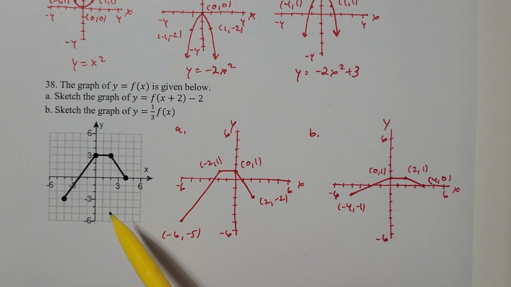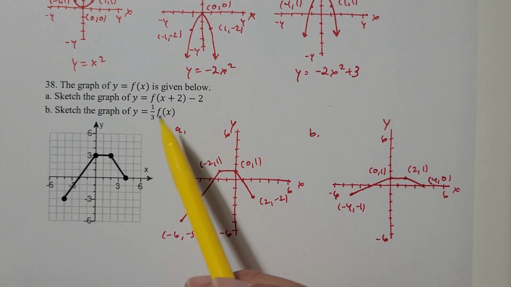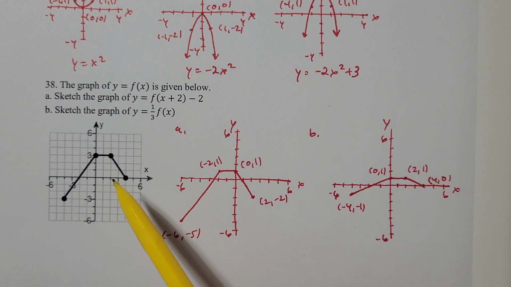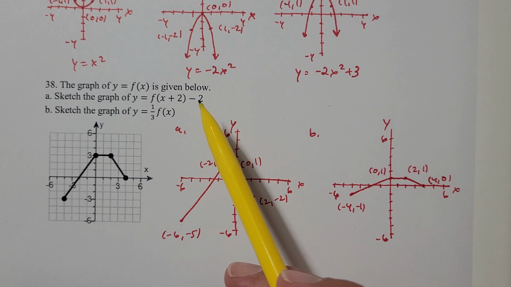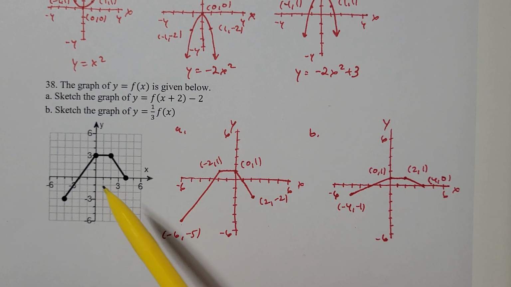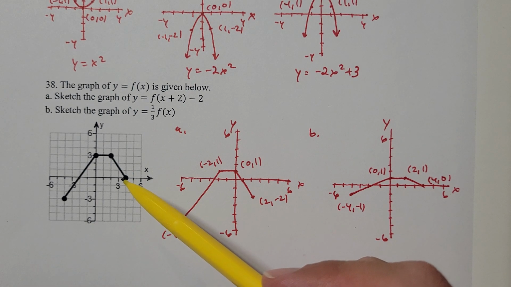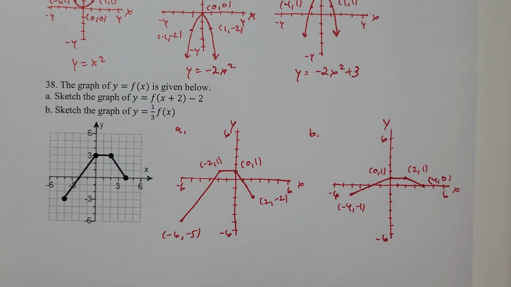If I replace x with x plus 2, I have to go to the left 2 units with all these points. So bump all these points over to the left 2 units. And then the minus 2 means I have to shift down 2 units. If you're only shifting a graph, it doesn't matter what order you shift in. I can go down 2 first and then left 2 second, and I get the same result.